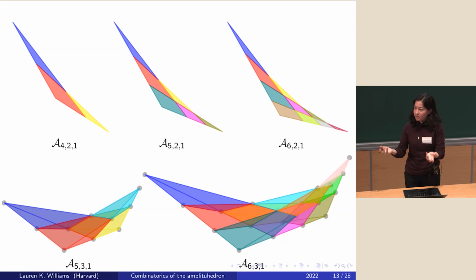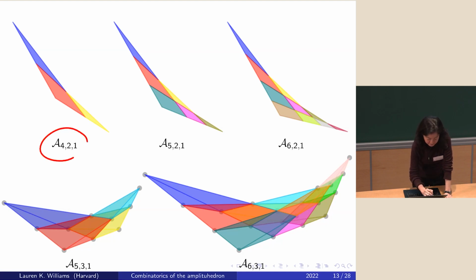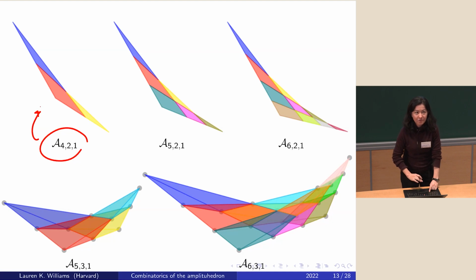Some are bounded, some are unbounded. And the amplituhedron gets identified with the bounded complex of the arrangement, so the union of all of the finite regions. Oh no, these are actually pictures of amplituhedra. Yes. Was there another question?